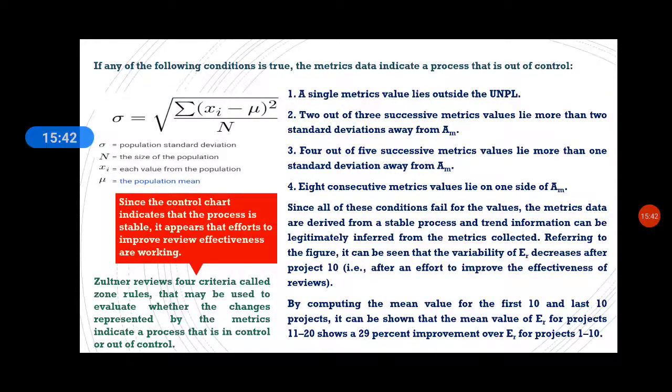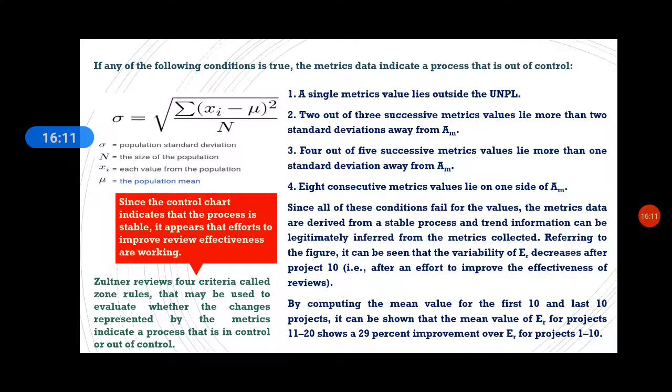The next is 8 consecutive metric values lie on one side of AM. Since all of these conditions fail for the values, the metrics data are derived from a stable process and are very much worthy of the information that can be inferred from the metrics data collected.